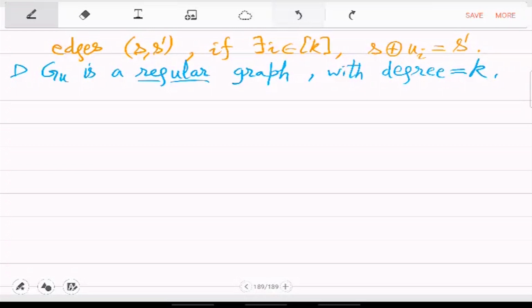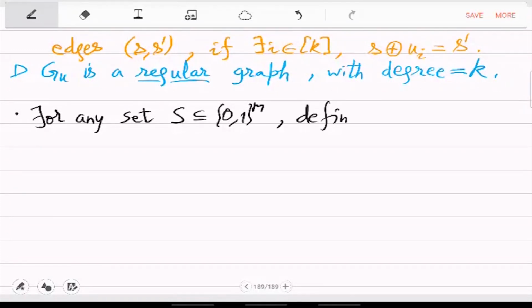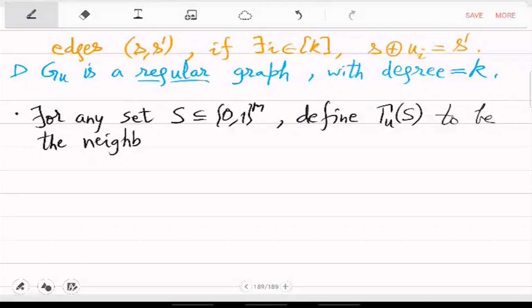Let us now specialize this. What are the parameters? For any set S, define gamma U S to be the neighbors of S in GU.